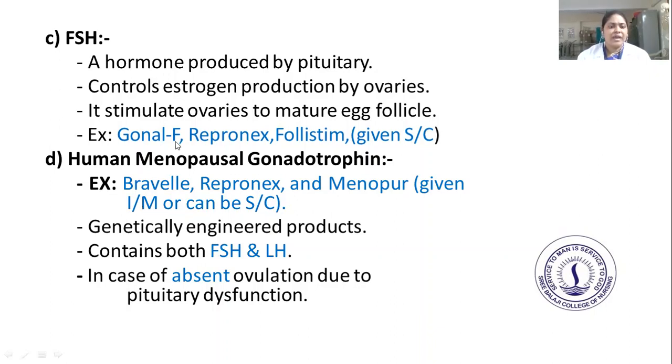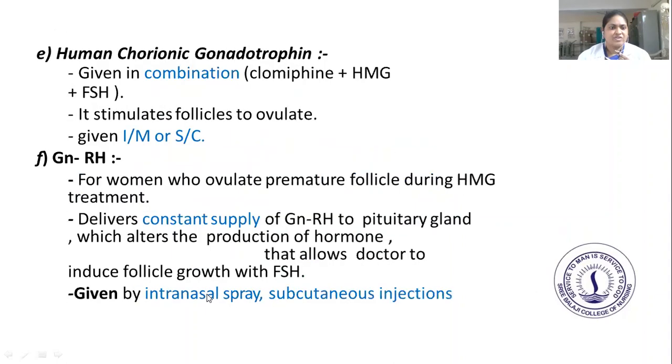Examples are Gonal-F, Repronex, which is given subcutaneously. Human menopausal gonadotrophin, that is Pergonal, Repronex, Menopur, given by IM and can also be given subcutaneously, which is a genetically engineered product, contains both FSH and LH, in case of absent ovulation due to pituitary dysfunction.